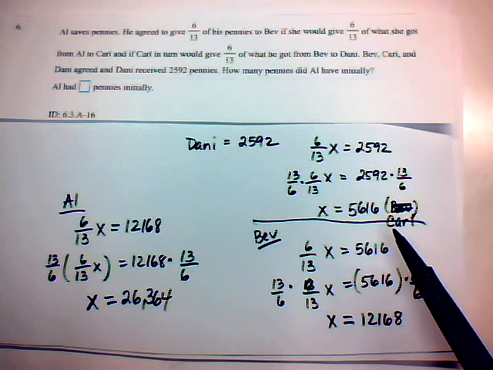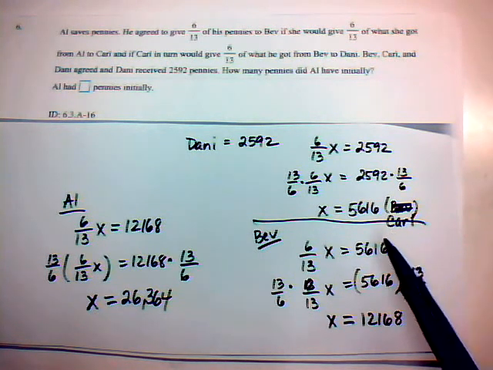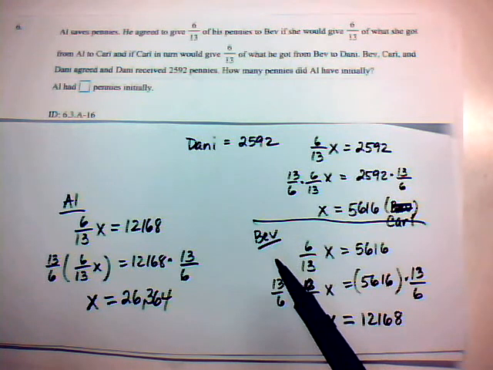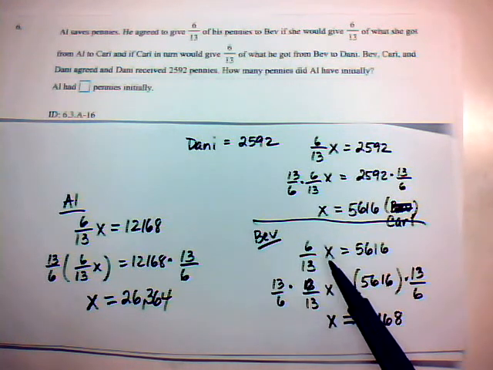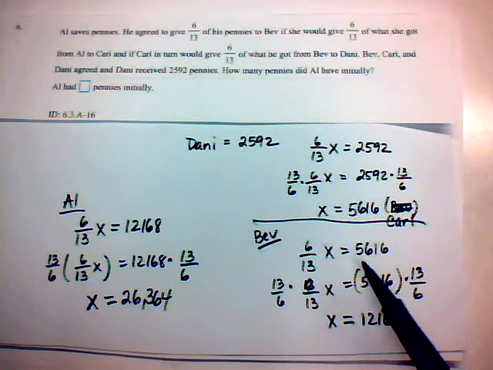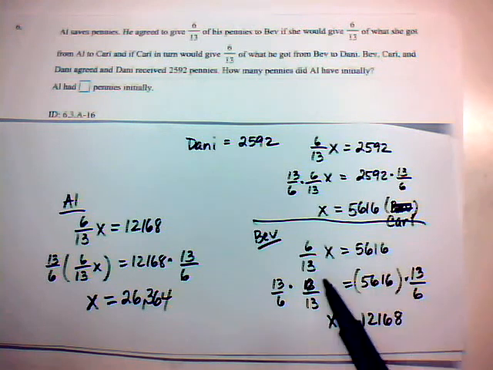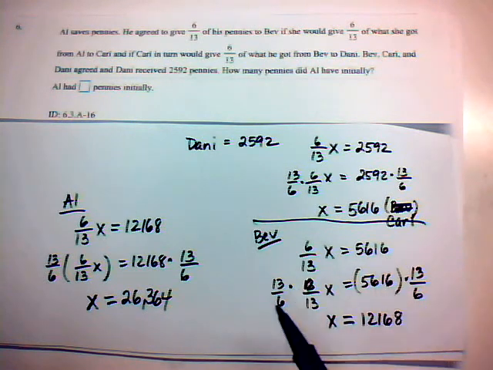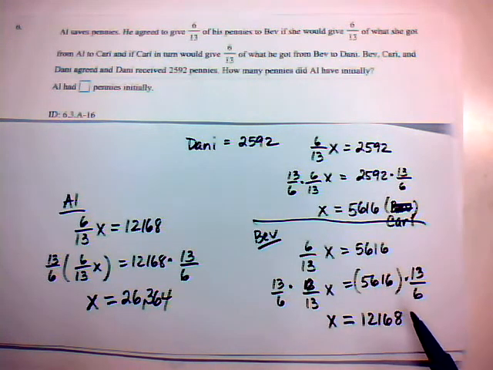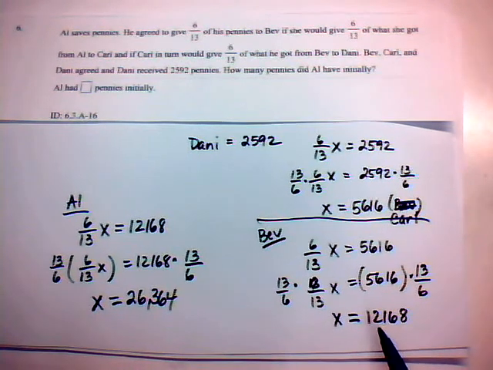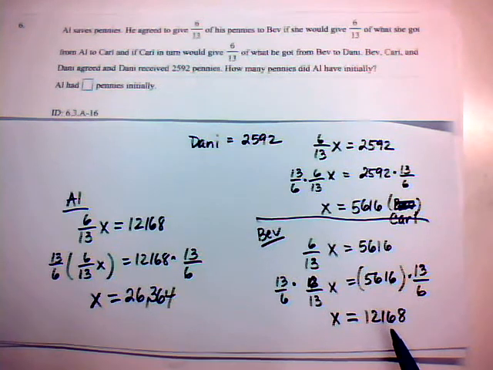But then we're told that Bev gave 6/13 of what she got from Al to Carl. So let's find out how many pennies Bev has. 6/13 x equals 5616, which is the number of pennies that Carl received from Bev. Multiply both sides by 13 over 6, the reciprocal of 6/13 again, you'll get the number of pennies that Bev had, which was 12,168.